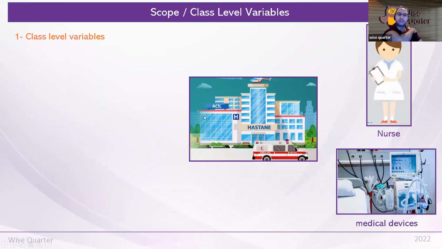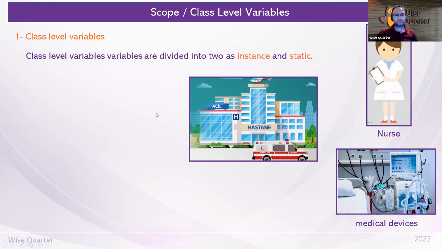How do we use class level variables in this project? We understood that class level means when we create it in a class, it will be a class variable. If it is created in a loop or method, it will be a local variable. How do we use them in a real application? We have two different kinds of class level variable.